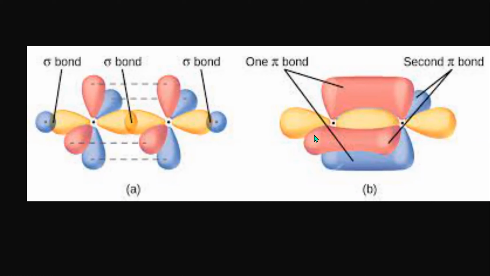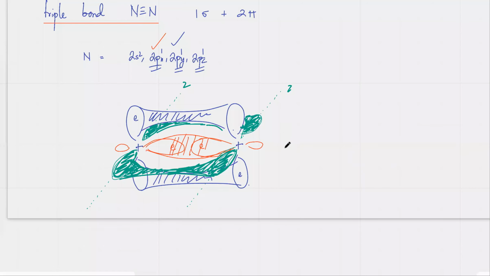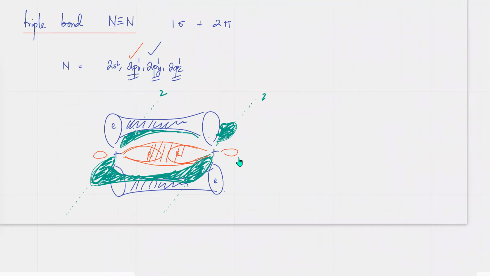This one overlaps in front and one of them overlaps behind. So just as I've drawn over here, you're getting two pi bonds and one sigma bond. Is this clear?